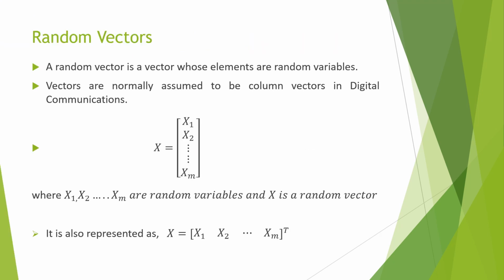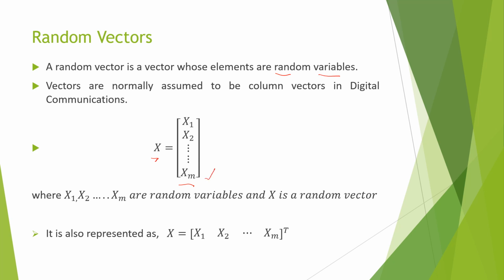What is a random vector? A random vector is a vector whose elements are random variables. Normally it is written in the form of a column vector. We can see it here, X is equal to a column vector of x1, x2 up to xm.